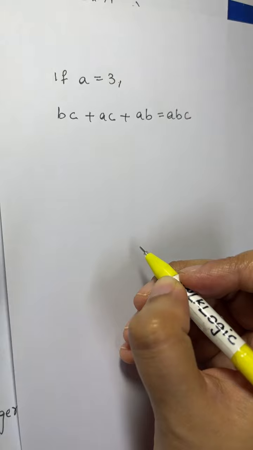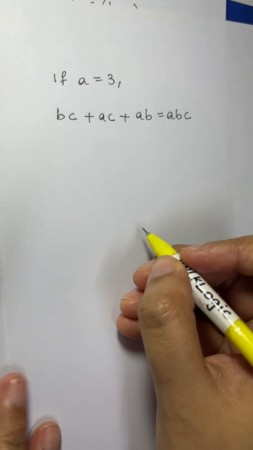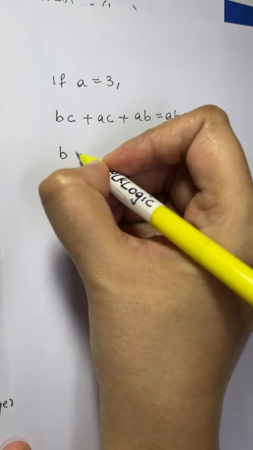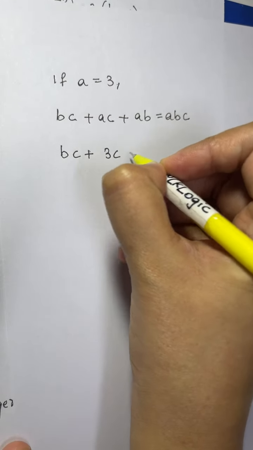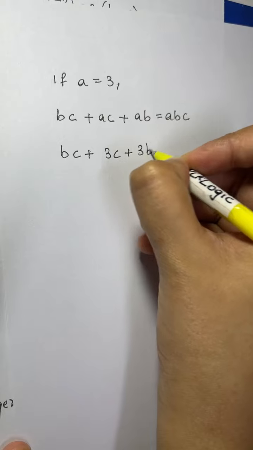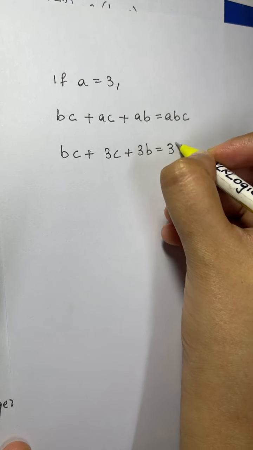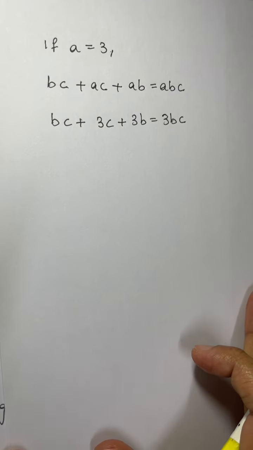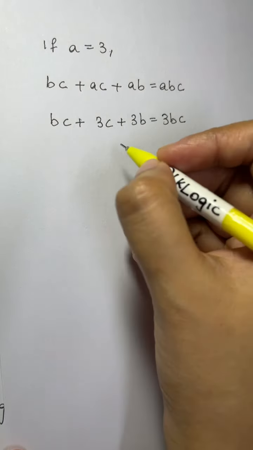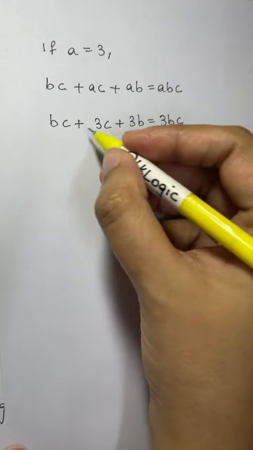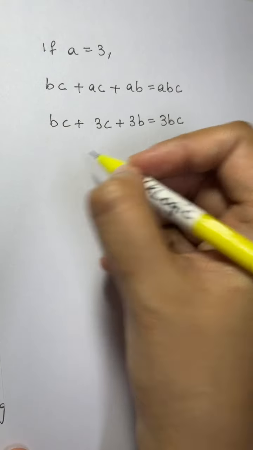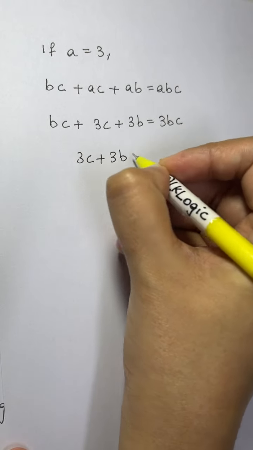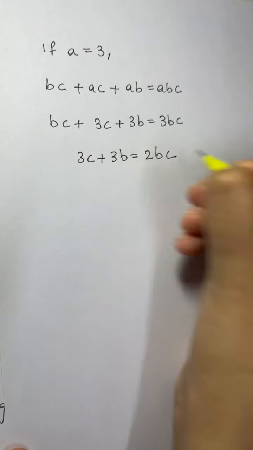So how would we solve this? Again you substitute A is equal to 3 in that. BC plus 3C plus 3B equals 3BC. Now, you can cancel out BC: 3BC minus BC will be 2BC. So we can have 3C plus 3B is equal to 2BC.